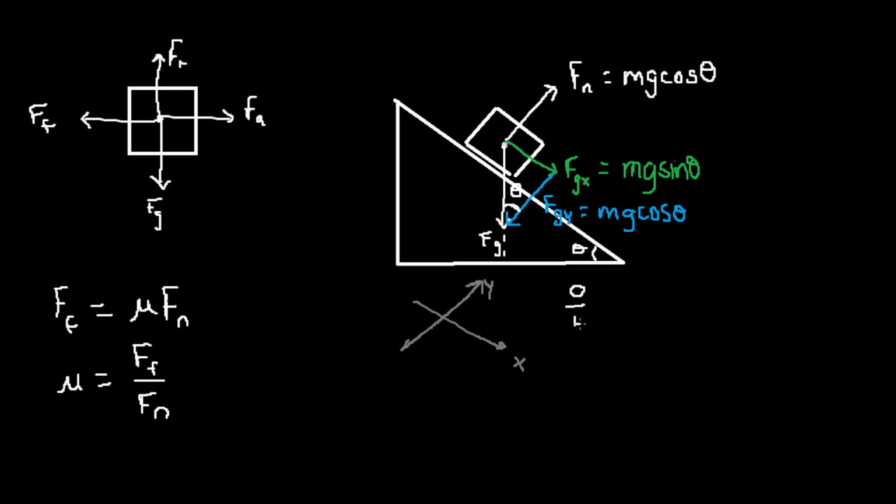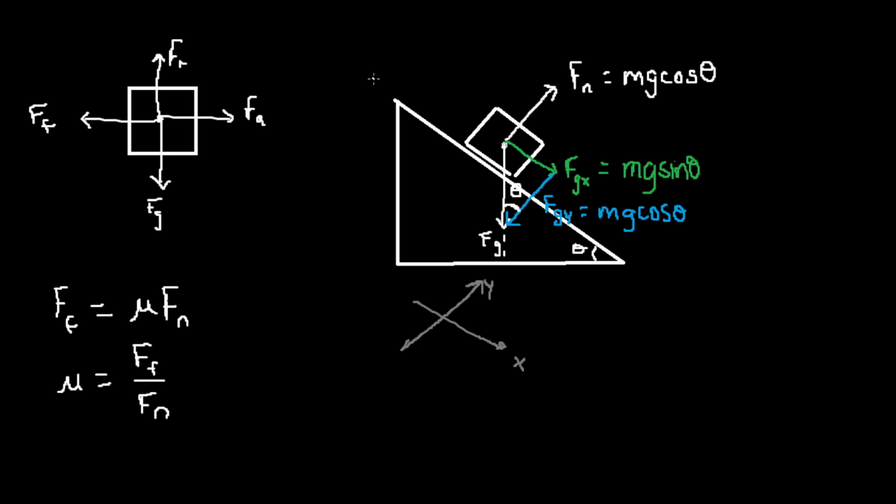And we know that opposite over hypotenuse equals sine theta, so opposite equals hypotenuse times sine theta. Our hypotenuse in this case would be our F_g. So our F_gx equals F_g sine theta, and the same logic can be applied with F_gy and cosine.